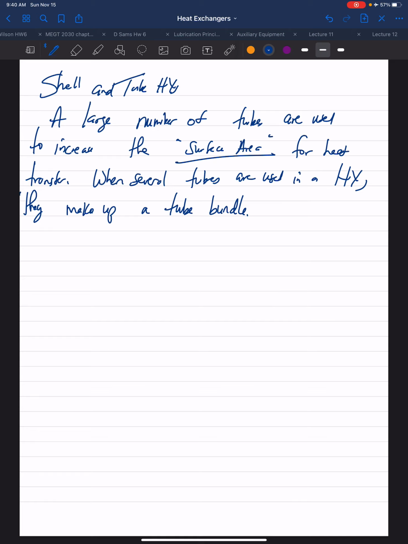And there's several arrangements of the tubes. You have straight tube.